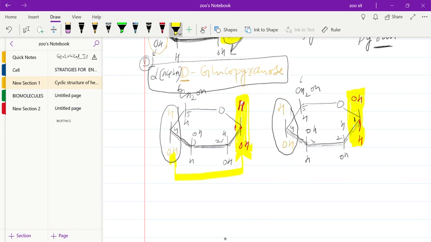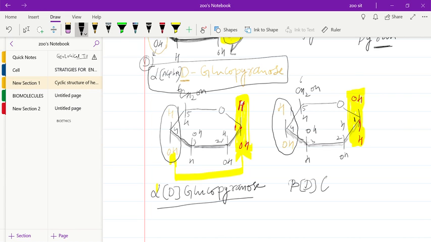This will be called alpha D glucopyranose, and similarly this will be called beta D glucopyranose. So these are the two structures.